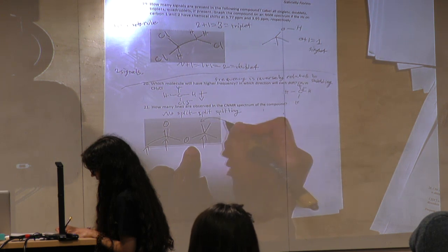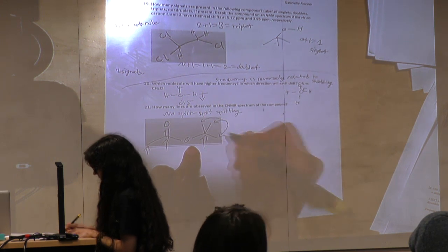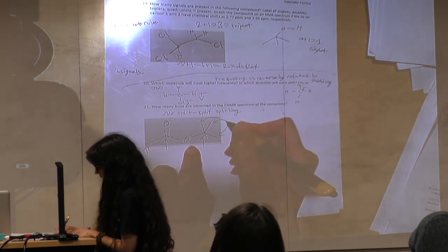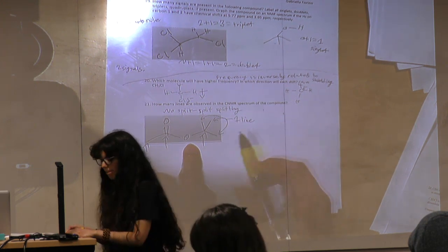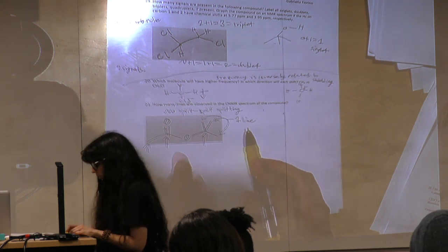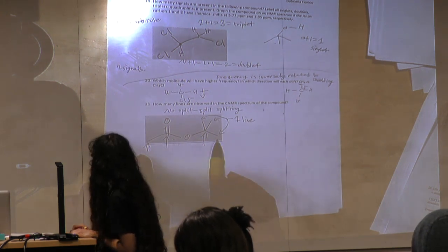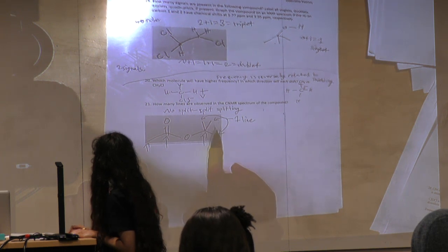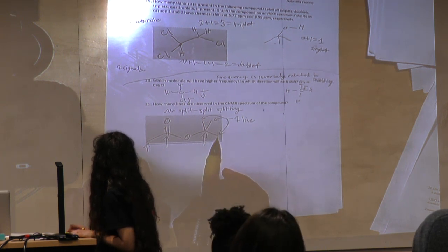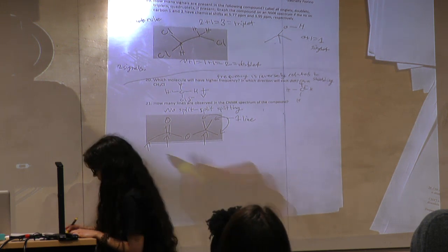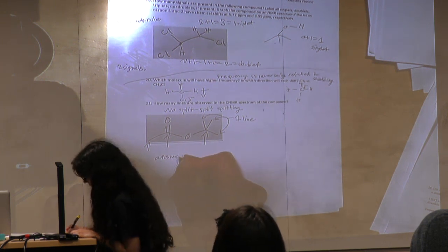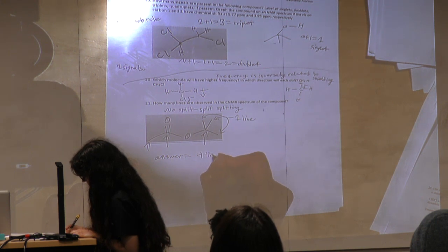So both of them are different? So this gives 1 line. So this is in a unique environment. These are unique from these 3, but they're not unique from each other. So those just give 1 line. So we have, yeah, it's perfect. So answer equals 4 lines.